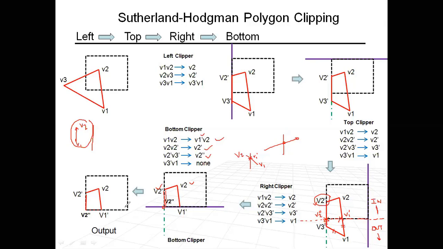But still, it is a good algorithm to clip a polygon. So this is the resultant figure after clipping the polygon across all clippers, that is left clipper, top clipper, right clipper and bottom clipper. So I think you might have understood the rules that you have to follow to clip a polygon. Let us take one more example.